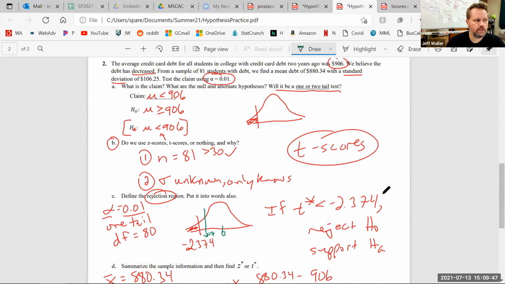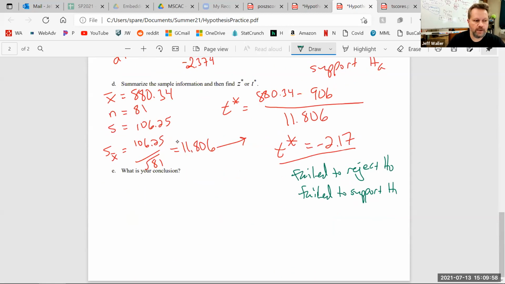All right. So, which one was the claim? The Ha. I like it. Everybody's always like, do I say reject or support in the conclusion? That's all you got to do. Which one was the claim? Use that language.